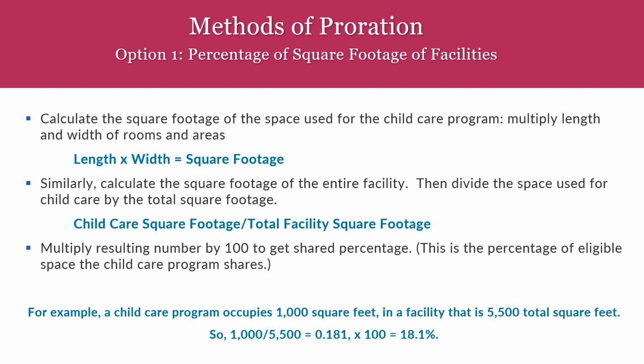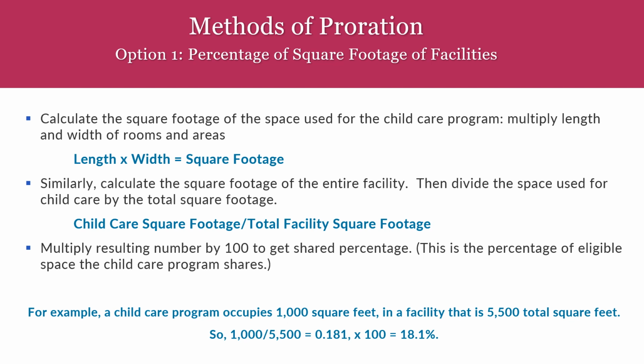Once you have your totals, you divide the square footage of your child care space by the square footage of your entire facility to find a percentage. For example, if you use 1,000 square feet of your facility for child care space and the entire facility is 5,500 square feet, then you divide 1,000 by 5,500 to get 0.181.